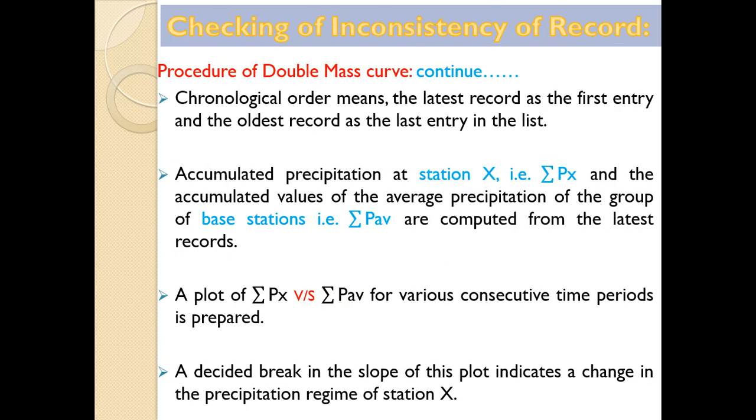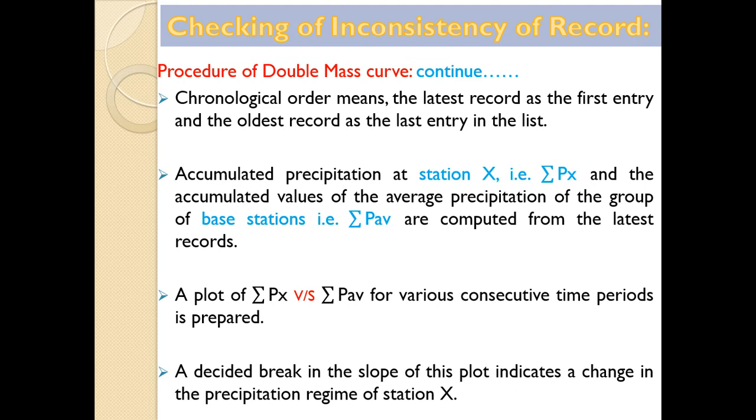Reverse chronological order means the latest record is the first and the oldest record is the last. So if data is available with you from 1952 to 2020, you start from 1952, but the last record will be 2020.